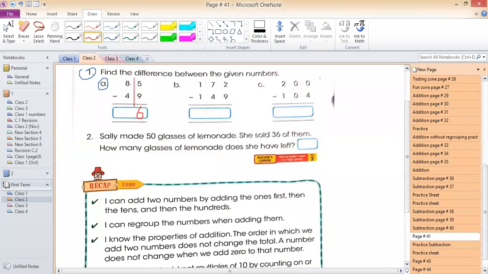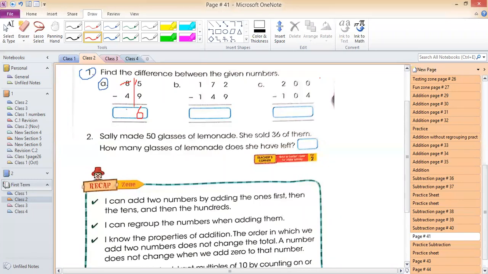He is asking you how you subtracted it. Tell me how you are solving it. Can you subtract 9 from 5? Bar 15. Take 1 from 8, right? Yeah. Okay, 15 minus 9, 6.